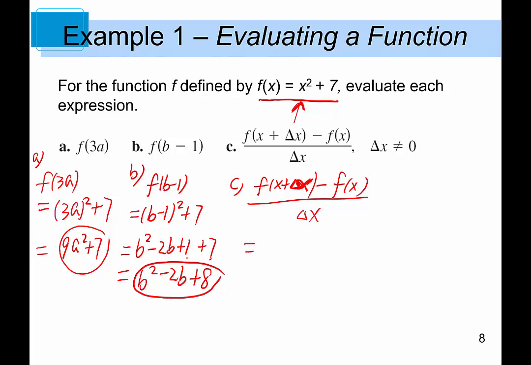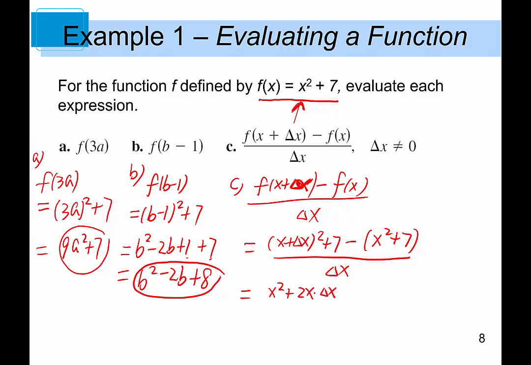For f of x plus delta x, we replace x here with x plus delta x, squared, plus 7, minus f of x, which is x squared plus 7, over delta x. When you expand this, we're going to get x squared plus 2x times delta x plus delta x squared plus 7.